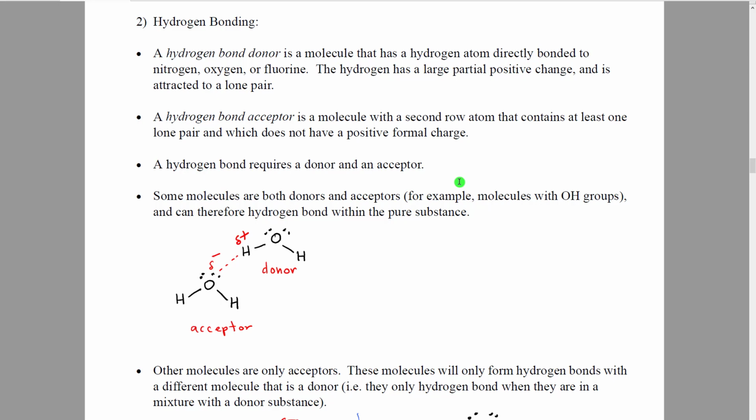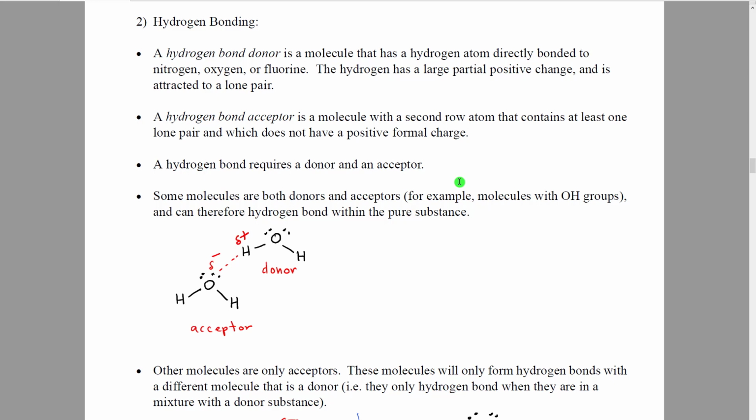One of the things we see, however, is that fluorine generally is not a good hydrogen bond acceptor. That is because fluorine's electron pairs are so strongly attracted to it that those electrons really don't exert their charge influence outside of the sphere of the fluorine. Now, to have a hydrogen bond, we're going to need one donor and one acceptor.